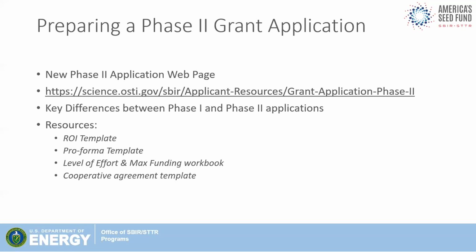I'll talk a little more in just a minute about some of the new requirements, some of which only apply to Phase 2. There are plenty of resources on our website, just as there were for Phase 1. For your Phase 2 commercialization plan, there are new requirements.